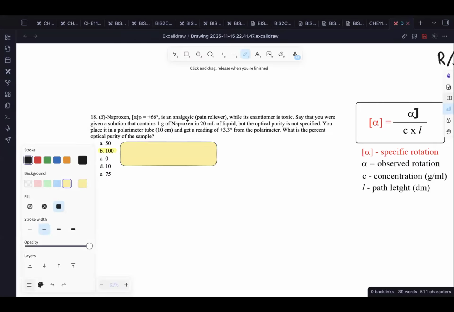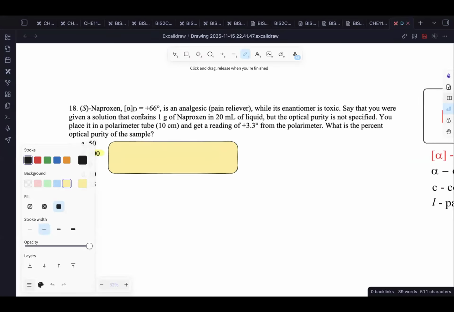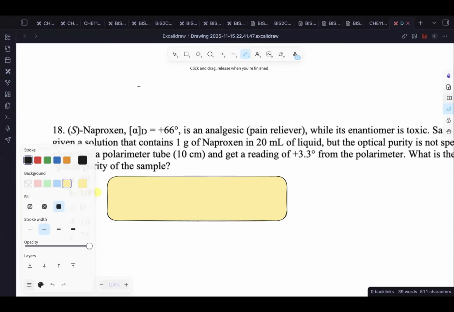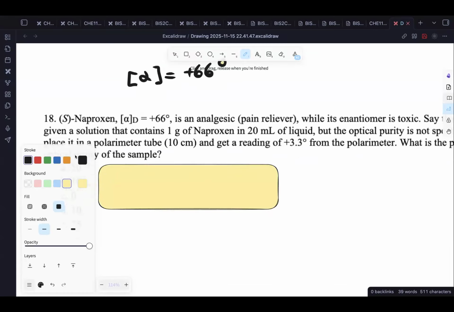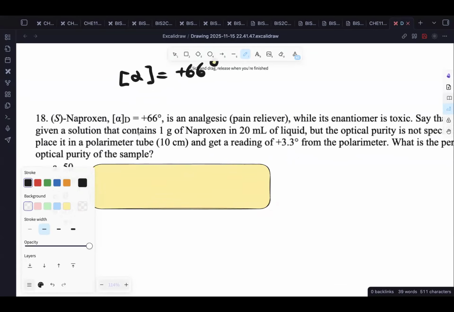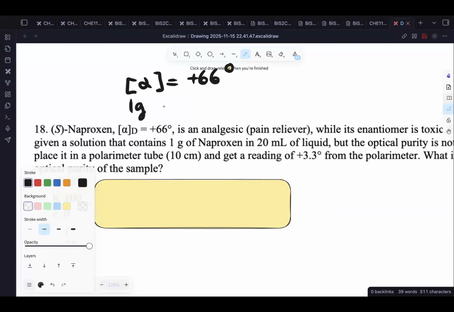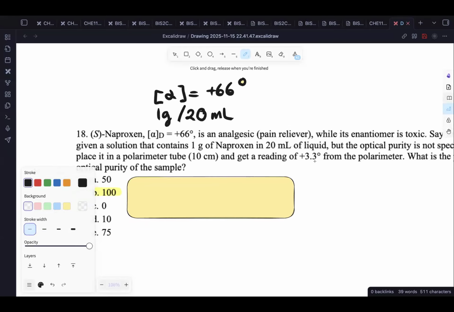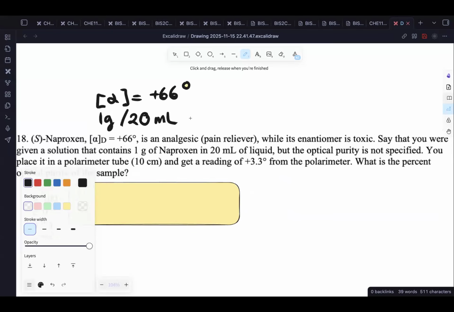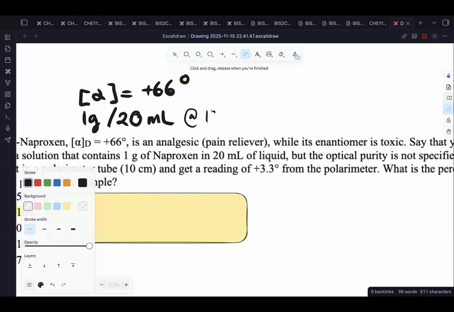Okay, we'll start off by saying what we know. So we know that the specific rotation is positive 66 degrees. We also know that we have 1 gram per 20 ml, and this is just information that's given to us. And then it's at 10 centimeters.